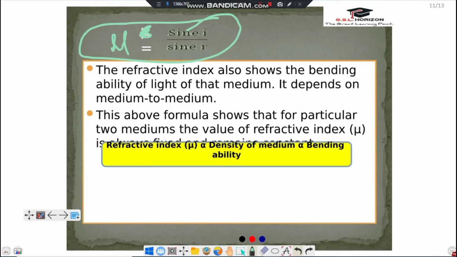Dear friends, the refractive index also shows the bending ability of light of that medium. It depends on the medium.